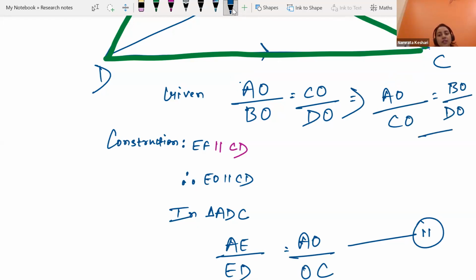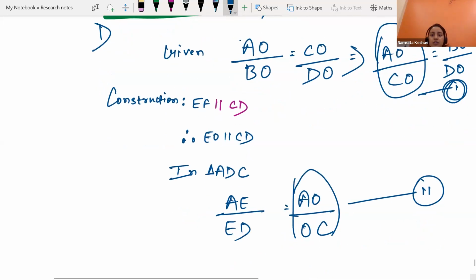We will call this equation number 1. Now you can see AO by CO over here, and AO by CO in the obtained part. Can we do the comparison of these two equations? Yes or no? Yes, ma'am. Okay, we can do the comparison.